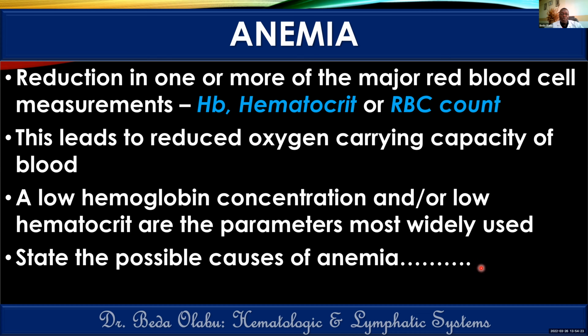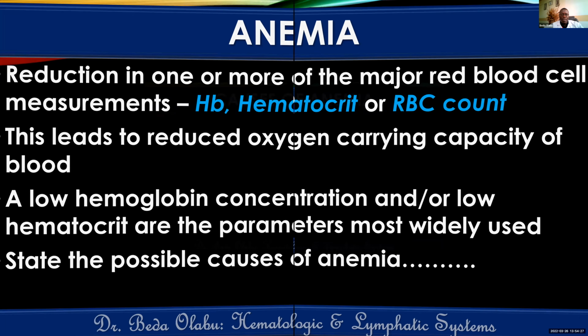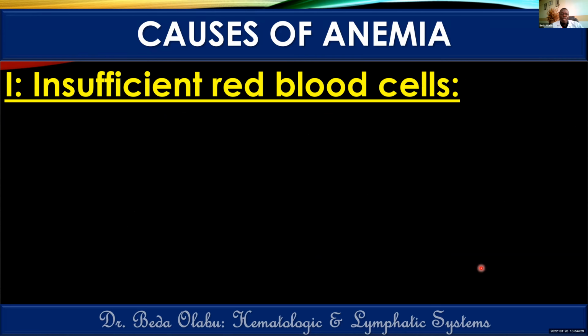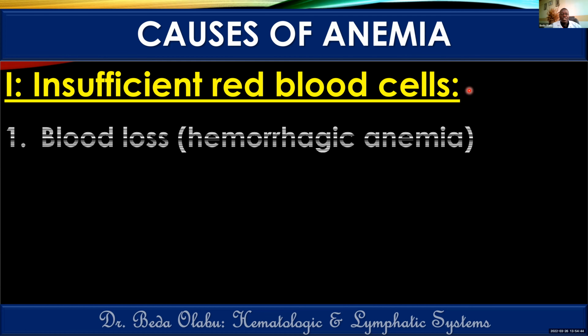So what are the possible causes of anemia then? You may have anemia because the number of red blood cells in this person is low. So we have insufficient red blood cells. And insufficient red blood cells could be because the person bled.